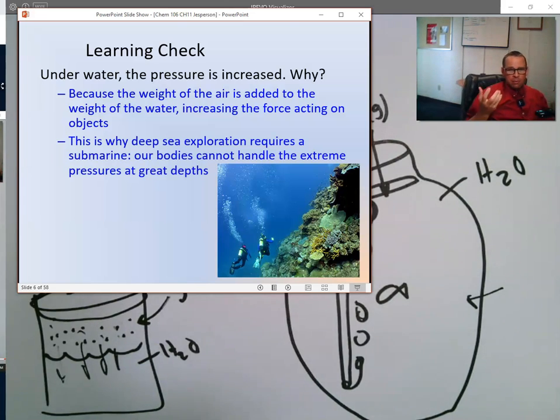So then if you have a certain amount dissolved in your blood and tissue, and then you try to zoom up really fast without breathing in and out, then that gas will try to come out of your blood and tissue wherever it's at, as opposed to being allowed to come out by just breathing in and out, right?